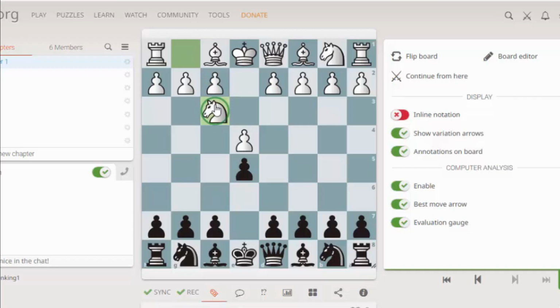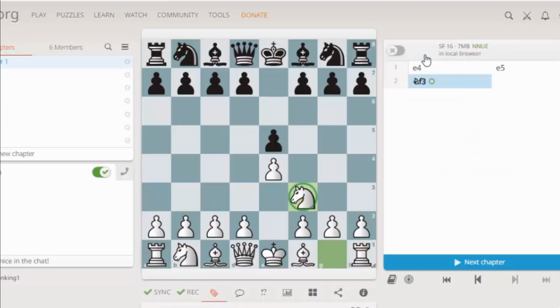Okay, so I will rotate F3. Knight f3. Okay. Knight, that means nf3.